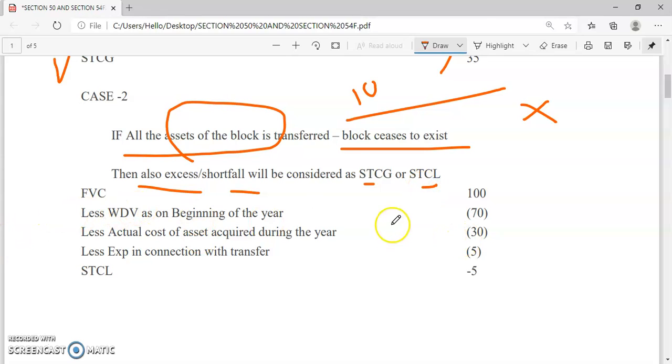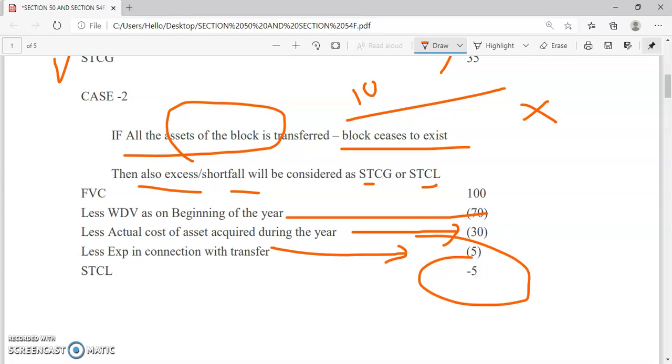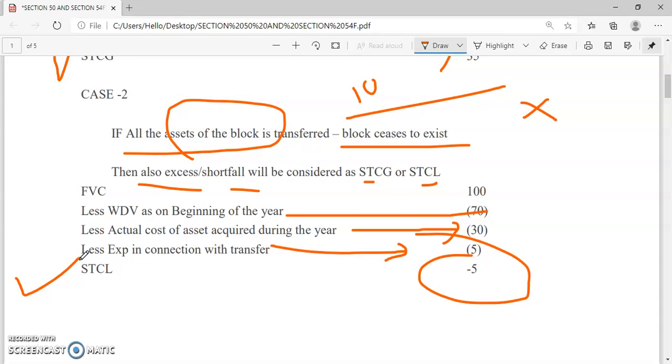For example, if the full value of consideration is 100, WDV at the beginning of the year is 70, actual cost of new asset acquired is 30, and expense in connection with the transfer is 5, and suppose all the assets are sold, then the answer here is negative, so it will be termed as a short term capital loss.